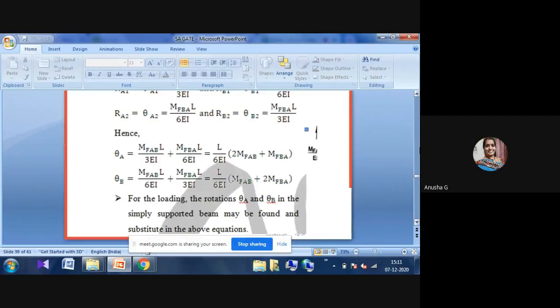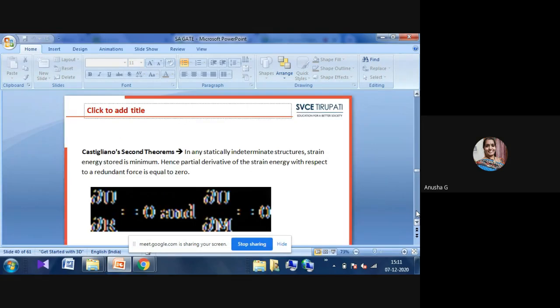Our equation is MAB equals MFAB plus 2EI by L into 2 theta A plus theta B plus 3 delta by L, where delta is the deflection, if there is any deflection. Otherwise there is no deflection. That has to be considered according to our slope deflection equation.